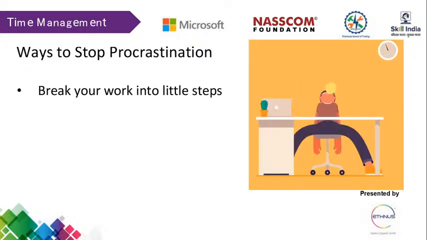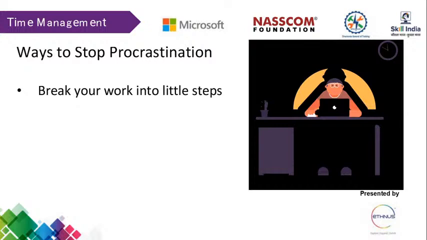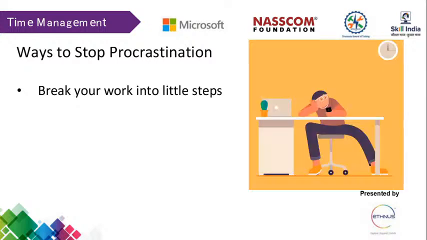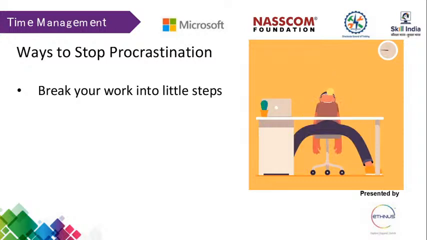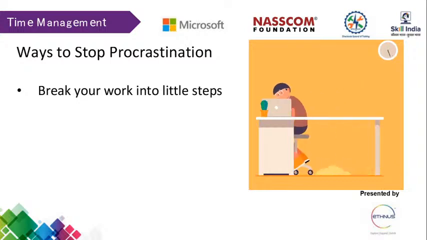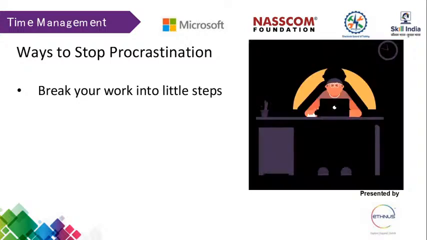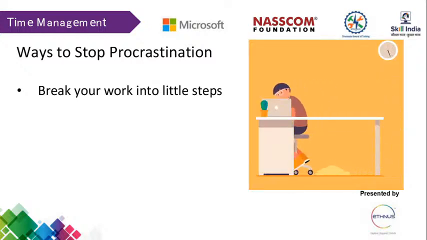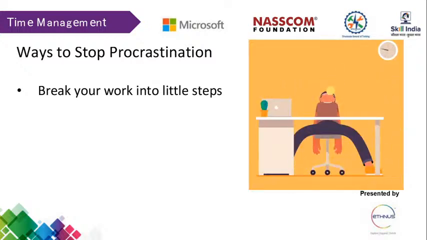Suppose you have a very important task, write it down and divide it into at least 5 or 6 parts, and after that try working on one task and complete it and go to the next task. So this is one of the ways to stop procrastinating, that is break your work into little steps.